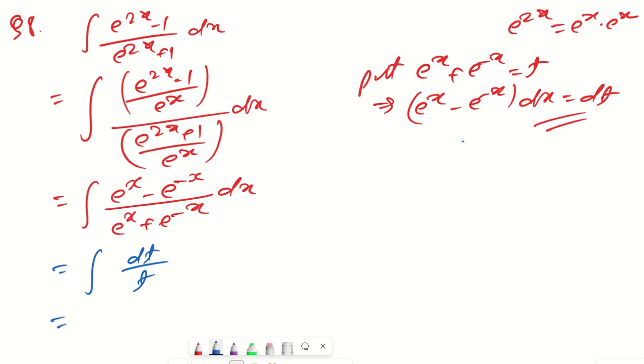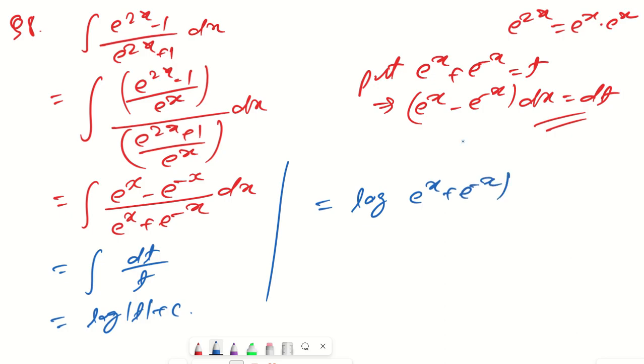And this is nothing but log of mod t plus some constant c, which gives us log of e to the power x plus e to the power minus x plus some constant c. Just make sure that this is in mod form. So log of e to the power x plus e to the power minus x, plus c.